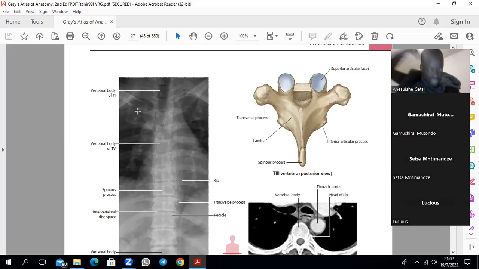Trapezius, you'd say it originates from superior nuchal lines, external occipital protuberance, then ligamentum nuchae. Then you say C7 to T12. The reason why you don't count C1 to C6 is because it's covered by something called a ligamentum nuchae. Right. So this is in the cervical region.